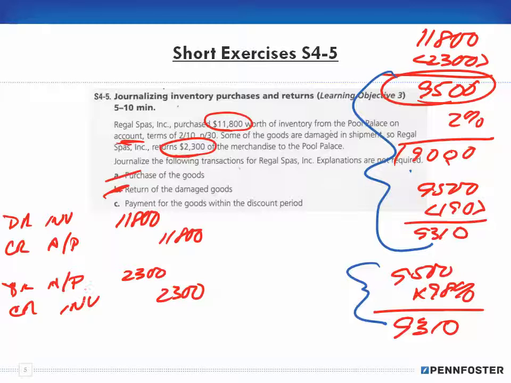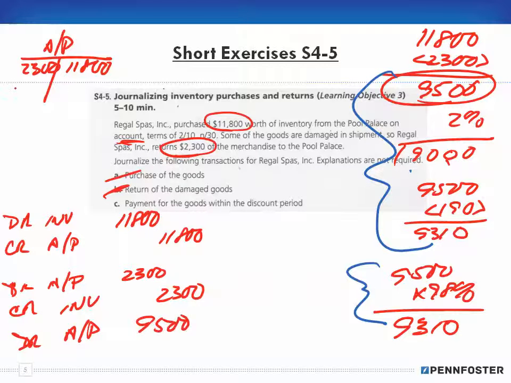Well, let's look at a T account for my accounts payable. My accounts payable had a credit for 11,800, and then I ended up having a debit of 2,300, which means now I have to actually debit accounts payable for 9,500 because I'm paying it off, right? If I have 9,500, that makes that 11,800, and this is 11,800. So my net effect is 0, right?